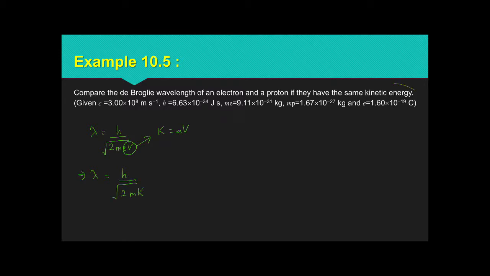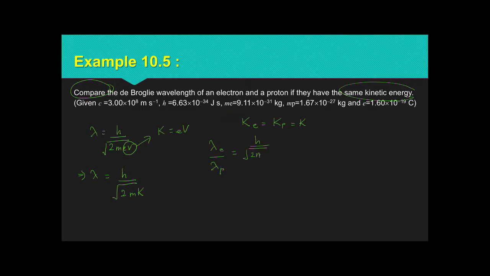The question mentions that electron and proton have the same kinetic energy, so Ke is equal to Kp, which is equal to K. And then the question asks us to compare the de Broglie wavelength for electron and proton. So what we have to do is find the ratio, the wavelength of electron over the wavelength of proton.